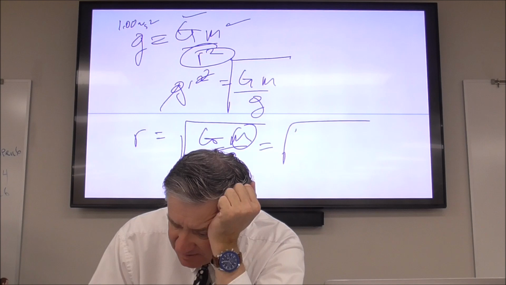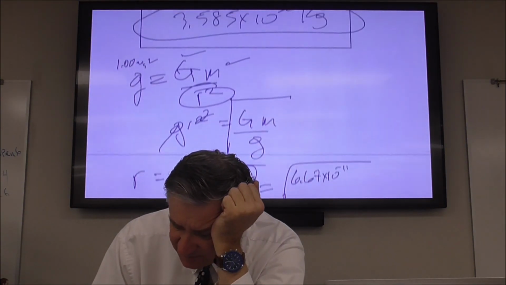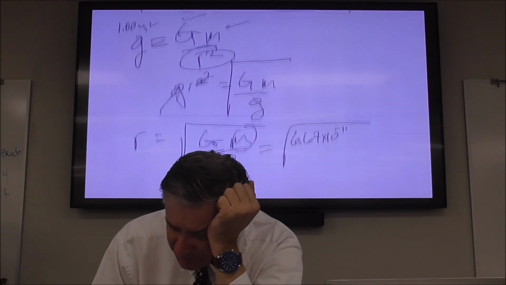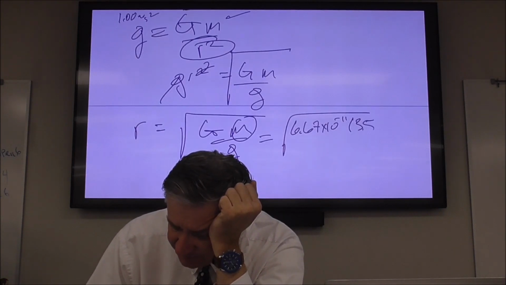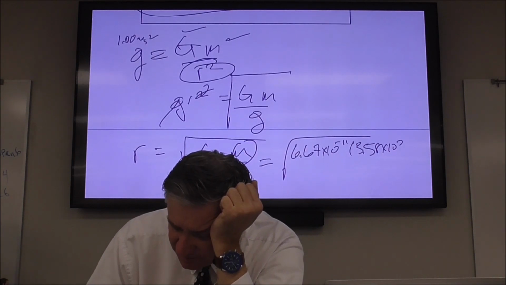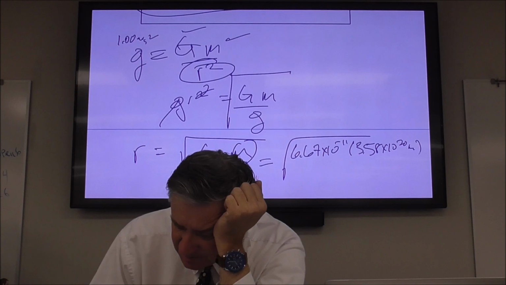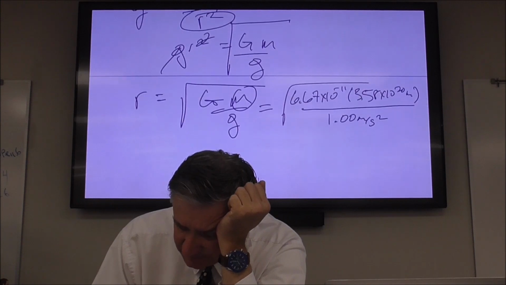So you've got, what was that, 3.585 times 10 to the 20th kilograms, divided by 1 meter per second squared.